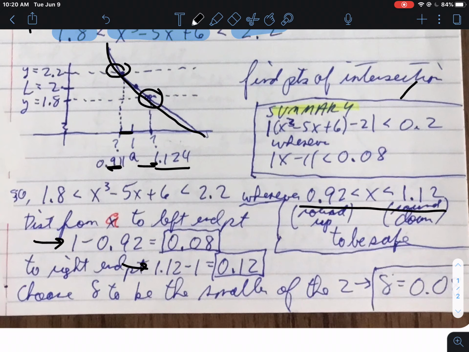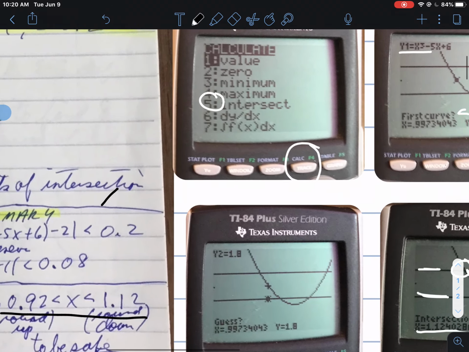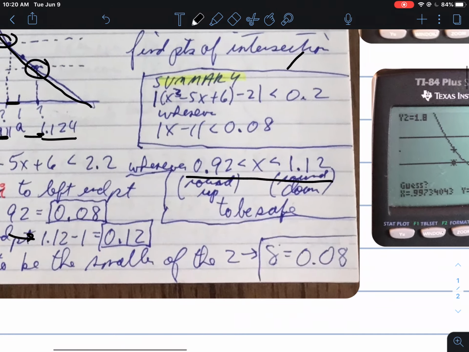We want the same distance on either side. So for our delta value, we'll choose the smaller of the two. All right? So we choose delta to be the smaller of the two values. I choose delta to be 0.08. And so once everything's said and done here, what we're finally saying is if I choose delta to be 0.08, then I want to choose x values that are within a distance of 0.08 of our a value, which is 1.